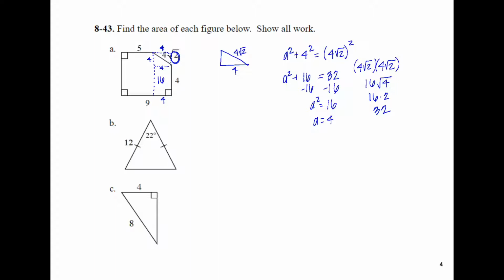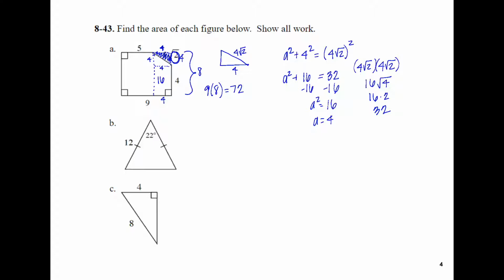So we then at this point have enough information to say that this side of our triangle is 4. So the entire side of our rectangle would be 8. We could do 9 times 8, which equals 72. We would need to subtract out the area of this half of our triangle.